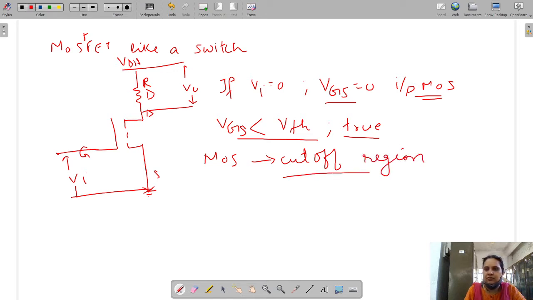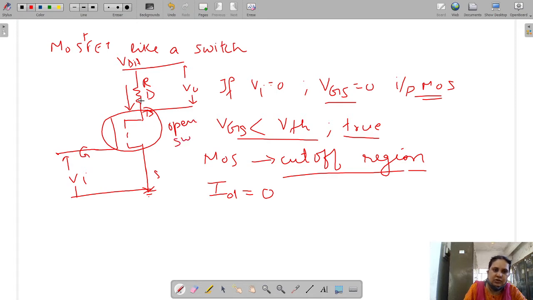Once it is in the cutoff region, the value of the drain current is 0, so no current flows from drain to source. It means that this is an open switch. If no current flows from drain to source, then the value of V0, the voltage across the resistance RD, is 0.